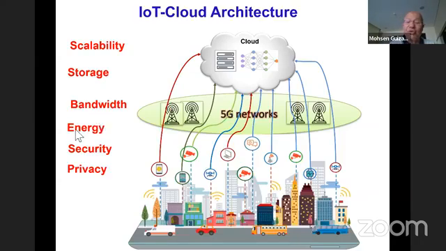Energy can also be a challenge because energy is a constraint parameter in these IoT devices. They may not have enough computing power, may not have enough energy, may have problems with security and privacy, and so on and so forth. So these are some of the challenges that we could face in a situation like this.